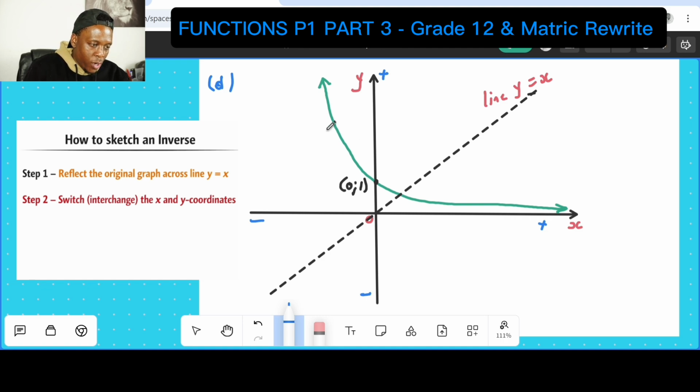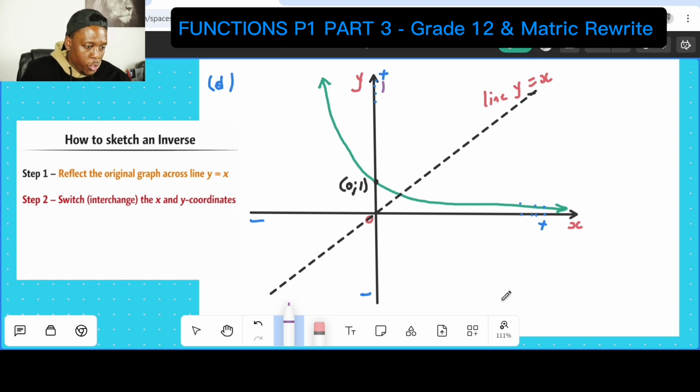So let's check what the green graph is doing. It is too close to a positive x-axis. Too close. So the inverse must be too close to a positive y-axis. Somewhere here.